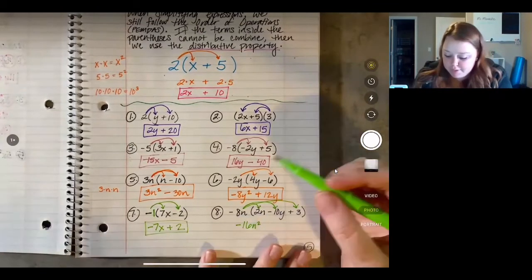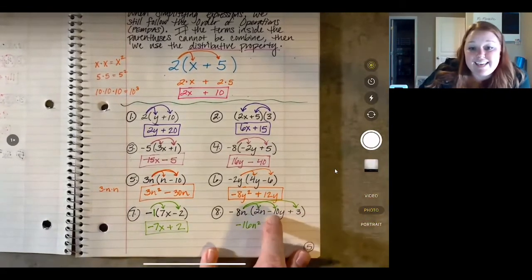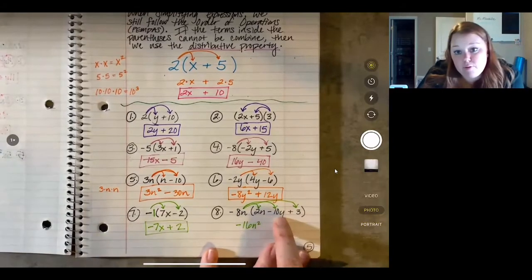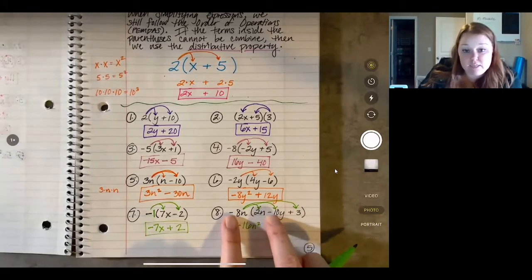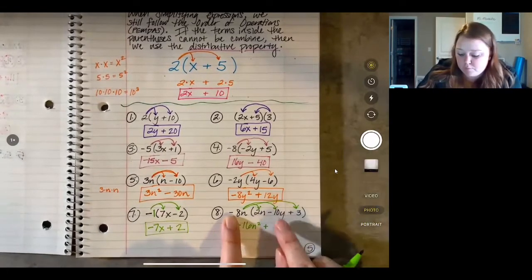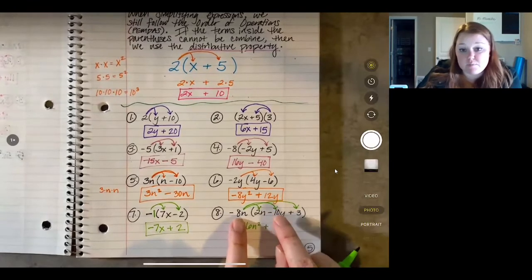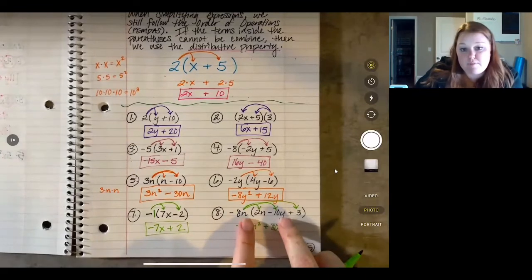Okay, now this -8n is going to go to this -10y. Remember, keep the sign that's in front of it. So now you have a negative times a negative, which is a positive. I'm going to multiply the coefficients. 8 times 10 is 80. And now I'm going to multiply my variables.